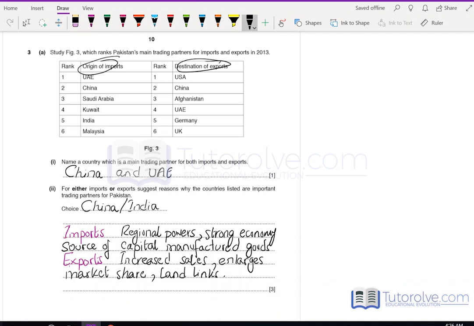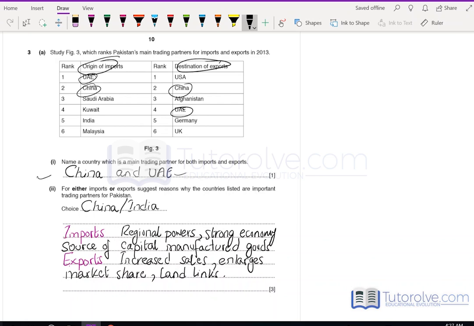Now name a country which is a main trading partner for both imports and exports. As you can see, UAE and China appear in both the graphs. So this would be a plausible answer of writing down UAE and China.